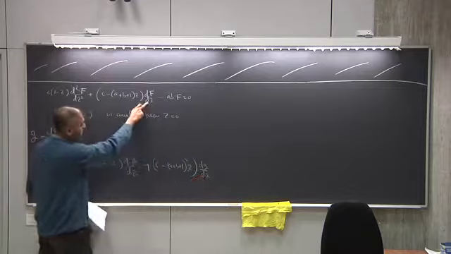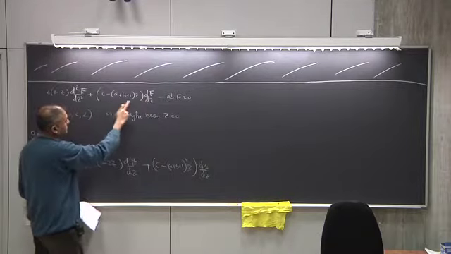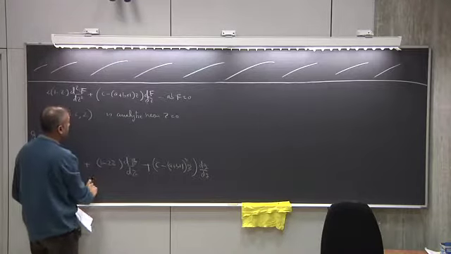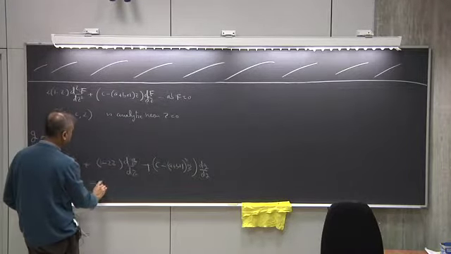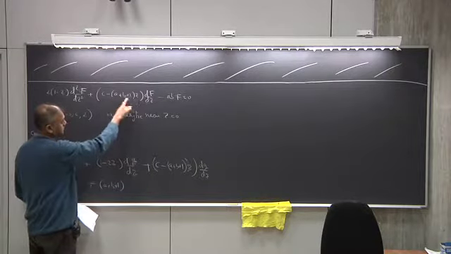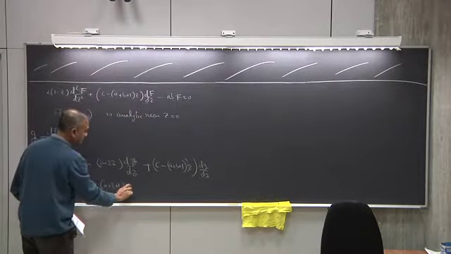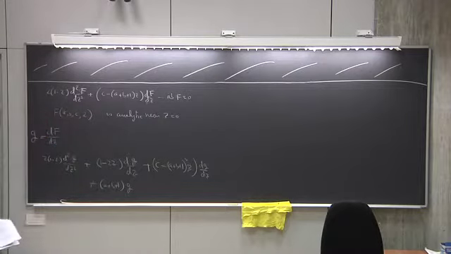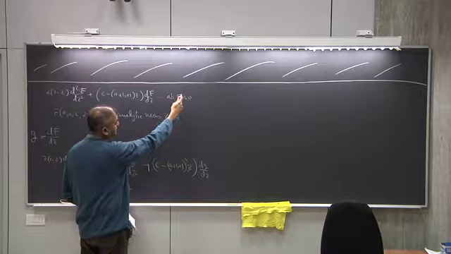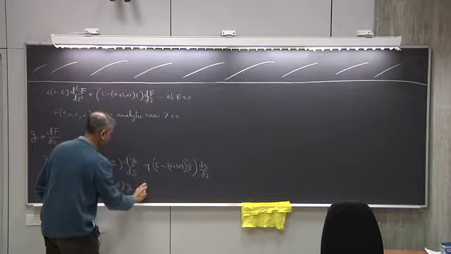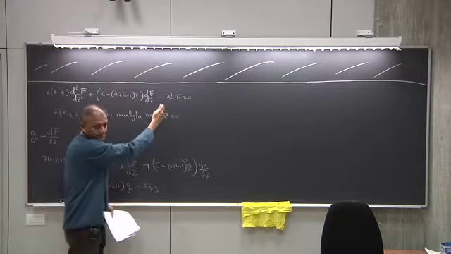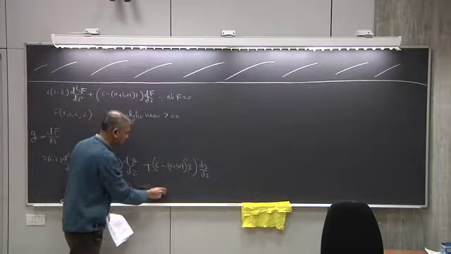But when the derivative hits here, I will get minus (a plus b plus 1) times g, because df by dz is g. And finally, you just get minus ab times df by dz, which is again g, so minus ab g. a and b are constants, so the derivative doesn't hit there. So that's equal to 0.